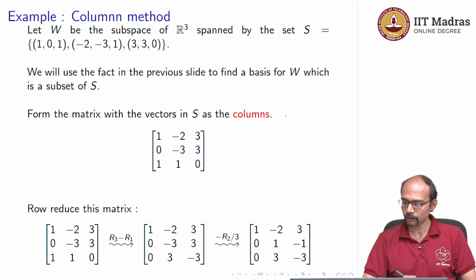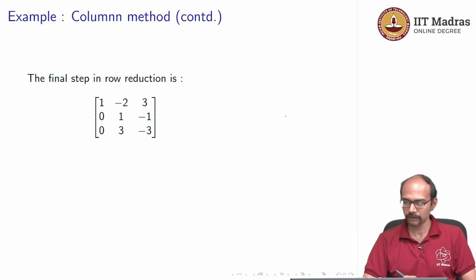Now you go to the second column and look at the (2,2) position, and if you divide by -3 you will get a 1 there. That is indeed what you do. Then your second row becomes 0, 1, -1, and everything else remains the same. The matrix we had gotten to is 1, -2, 3; 0, 1, -1; 0, 3, -3.